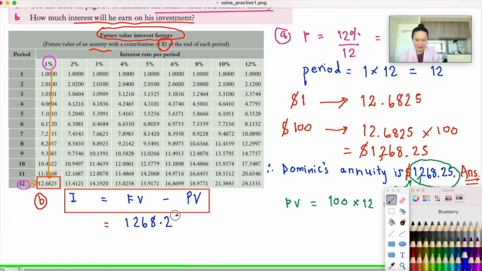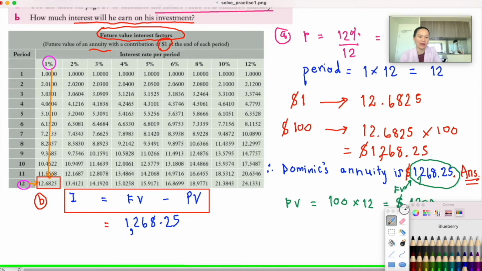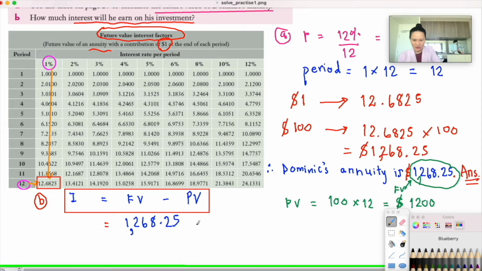Does it make sense? We just found it out. And present value is 100 times 12, which equals 1,200. So your interest earned equals $68.25. And that's it. This one is your answer.